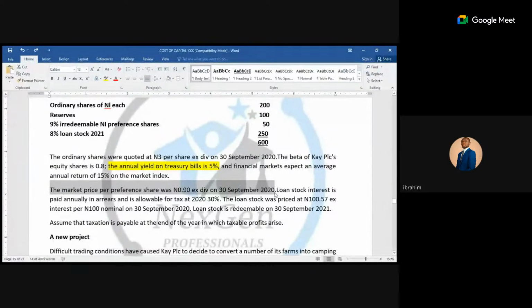Now, to loan stock, class, don't forget, the preference share dividend is not given. Class, who can remind me, what is the formula for calculating the cost of preference shares? The formula for calculating the cost of preference shares. Trust. I trust you. That is dividend over market value ex div.